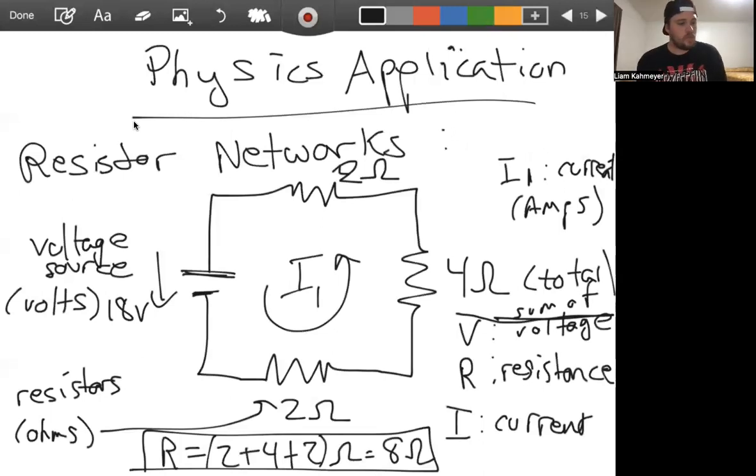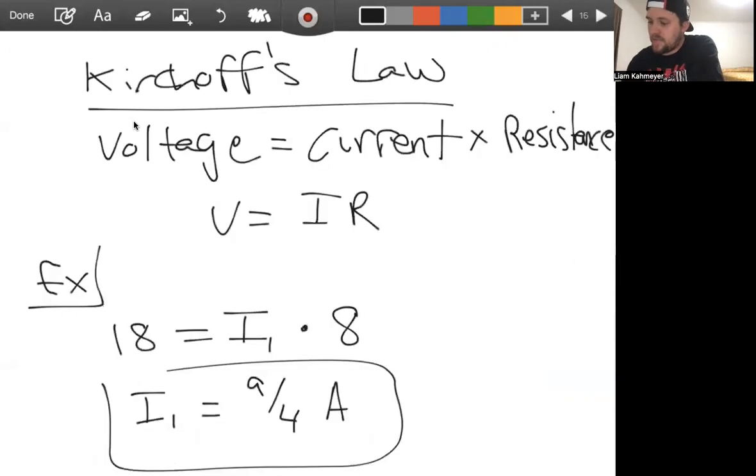In general, when you have a much more complicated resistor network, something more complicated than this, being able to find something such as current from Kirchhoff's law is still relatively manageable, but it's usually not as simple as this example here, right?